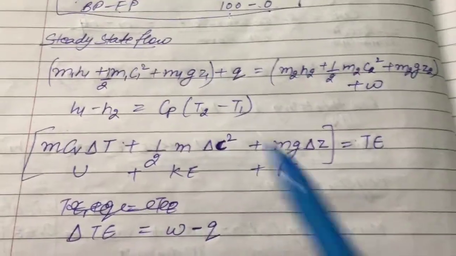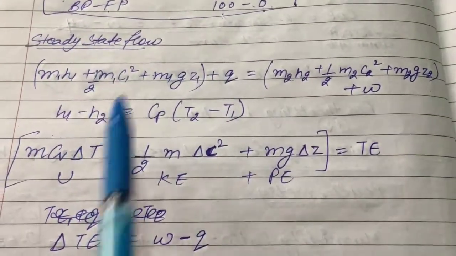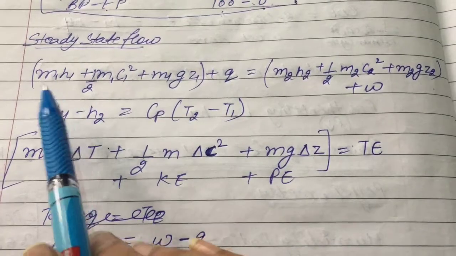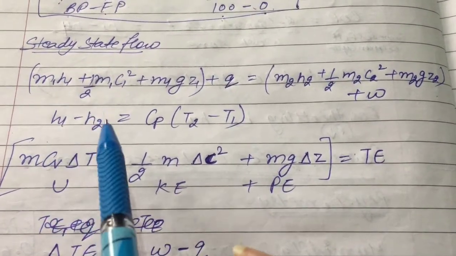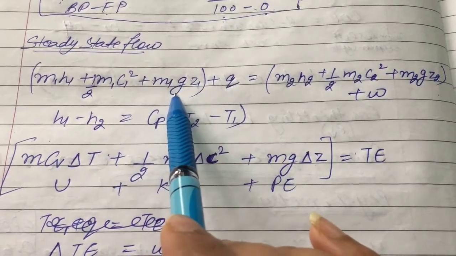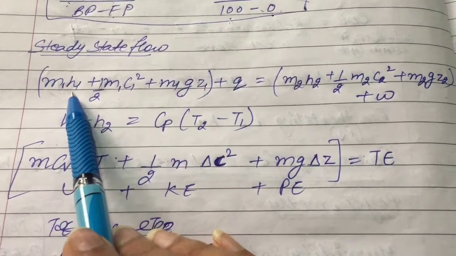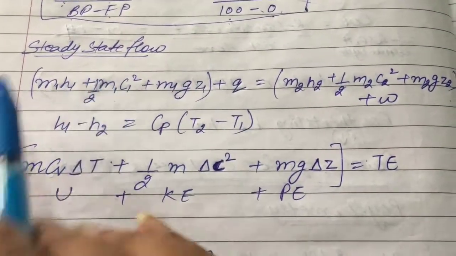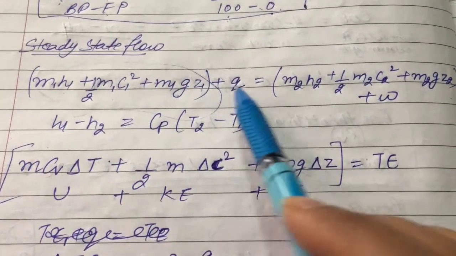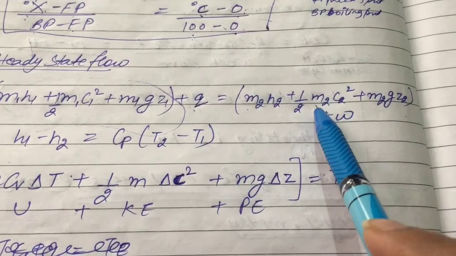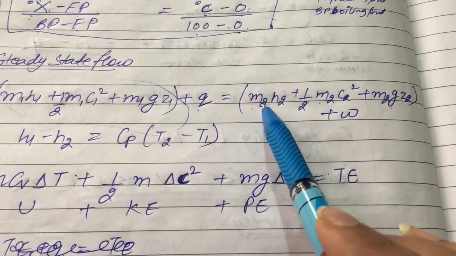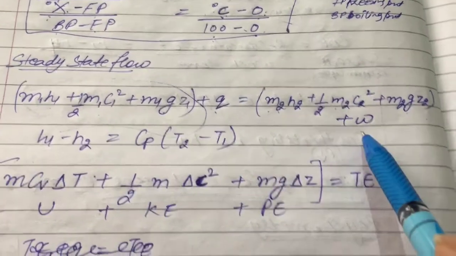Next, we have already studied steady state flow, for which we have calculated the equation, that is kinetic energy plus potential energy plus mass into enthalpy of state 1 plus Q is equal to kinetic energy plus potential energy plus m into enthalpy plus work done.